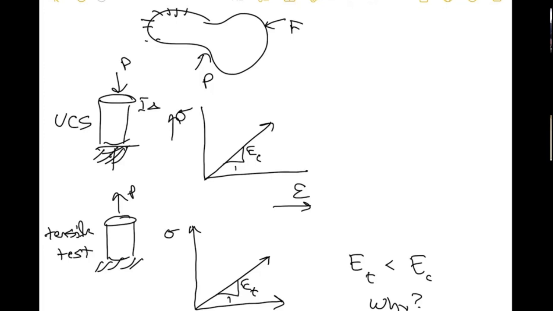Now, what about Poisson ratio? How do we get Poisson? Here's the UCS test again. How do we get Poisson ratio? It's going to be a slope of what? Well, it has to do with, what's it measuring? When I squeeze something, what does it typically do?